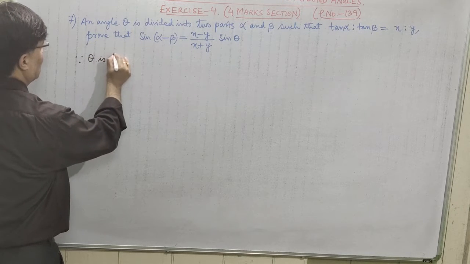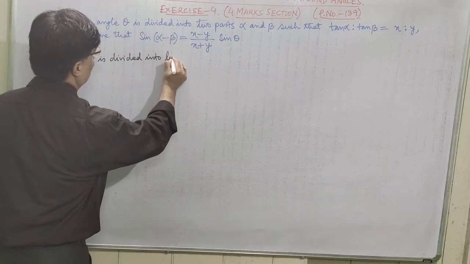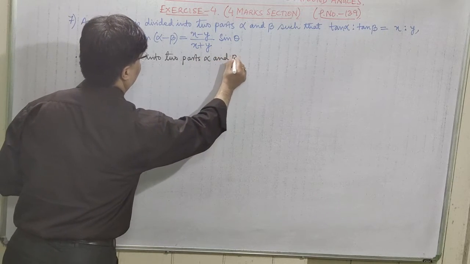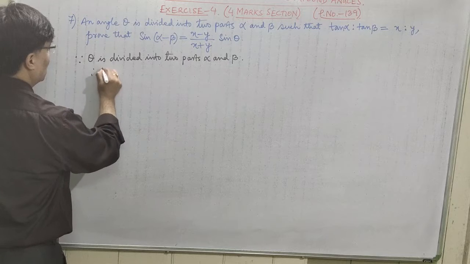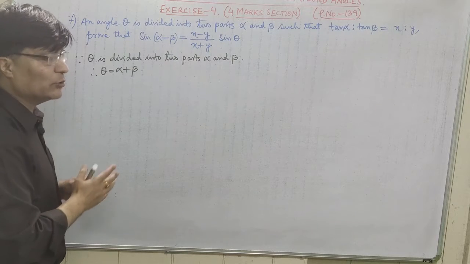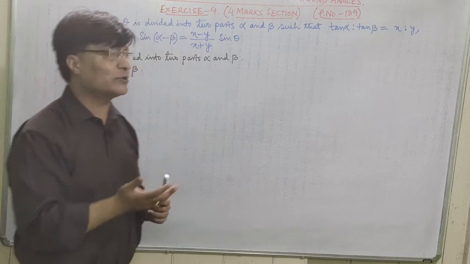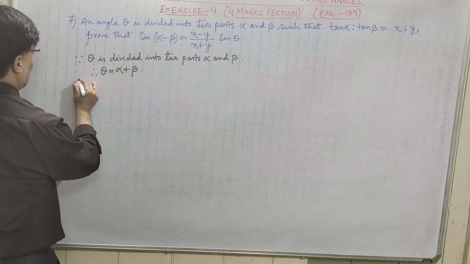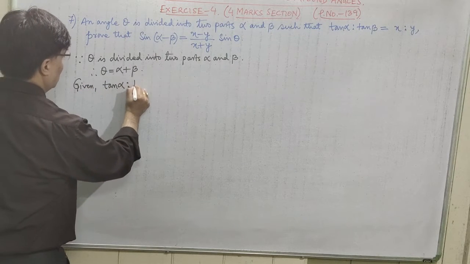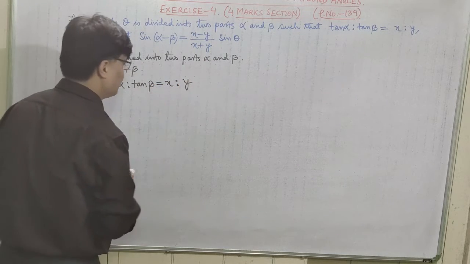Since theta is divided into 2 parts, alpha and beta, what can you write from here? Therefore, theta is equal to alpha plus beta. You can write it. Also, what is given in the question? Tan alpha is to tan beta is equal to x is to y.